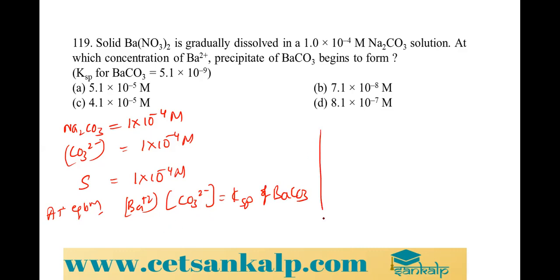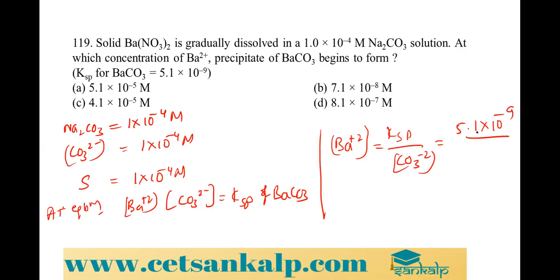If you need the barium ion concentration, that is equal to KSP divided by CO3 2 minus concentration. That is nothing but 5.1 into 10 to the power of minus 9 divided by the carbonate concentration, that is 1 into 10 to the power minus 4. The answer will be 5 into 10 to the power minus 5 molar.